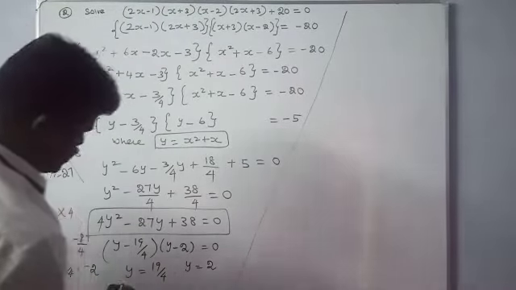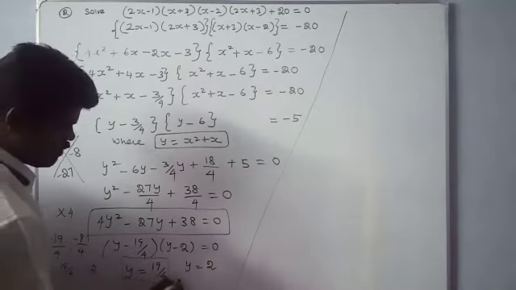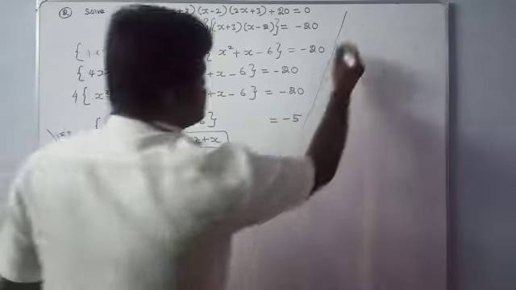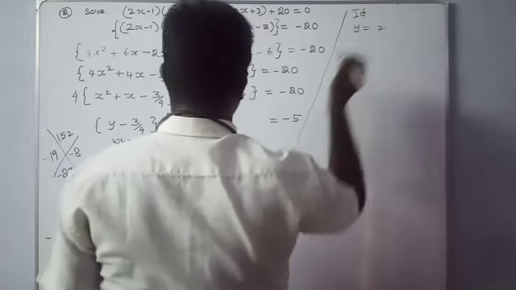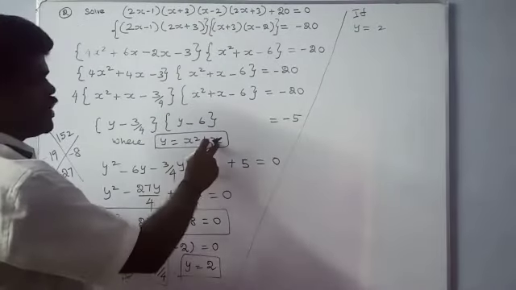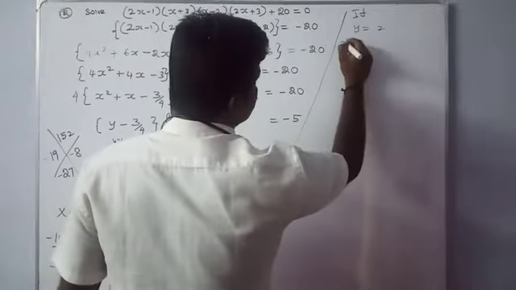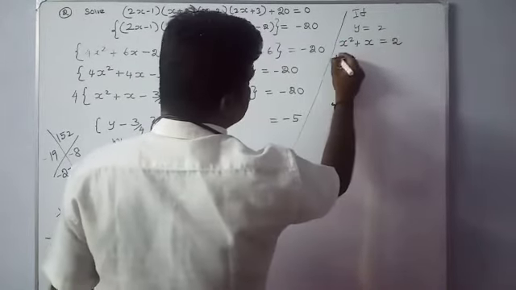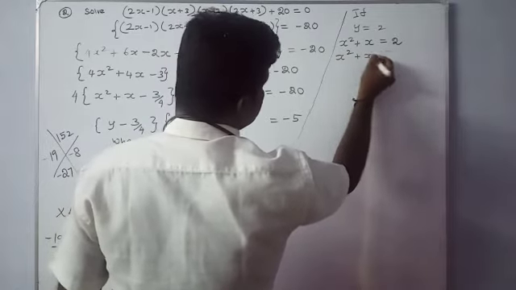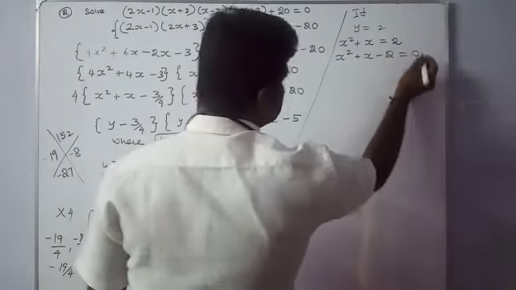Already we have the values of y. First replace y equal to 2. If y equal to 2, what is the value of y? x square plus x equal to 2. Now x square plus x minus 2 equal to 0.